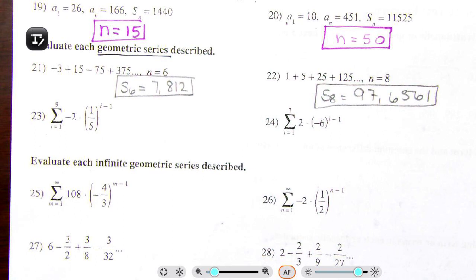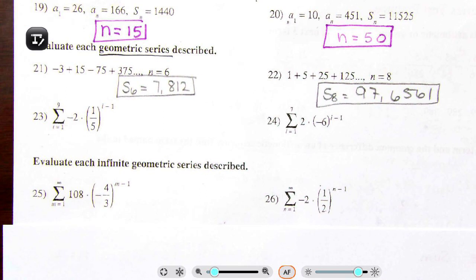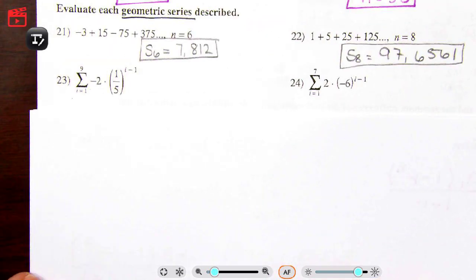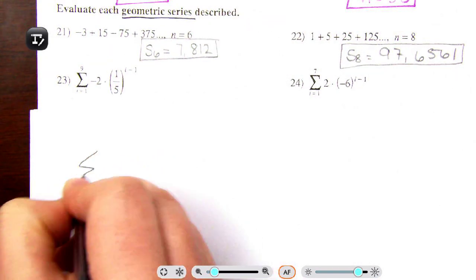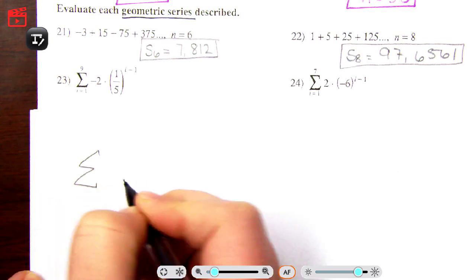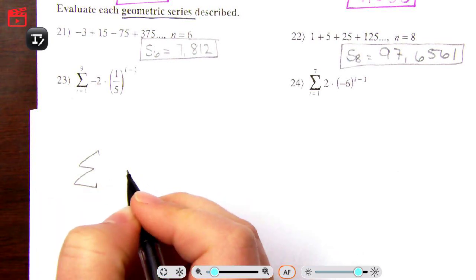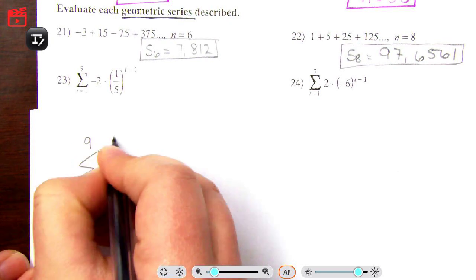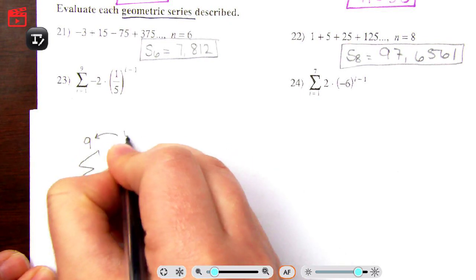is using summation notation. So it is using the Greek capital letter sigma. And let's talk about that. Okay. So when you have sigma, here's your sigma. The top number, in this case 9, is your upper limit.